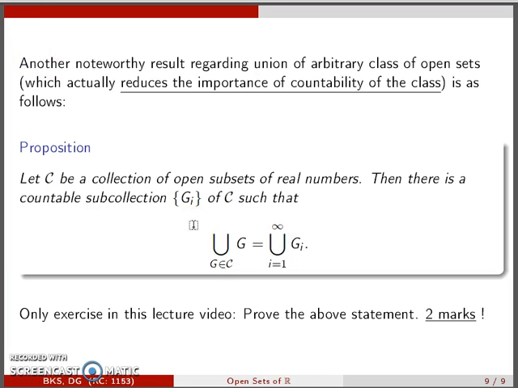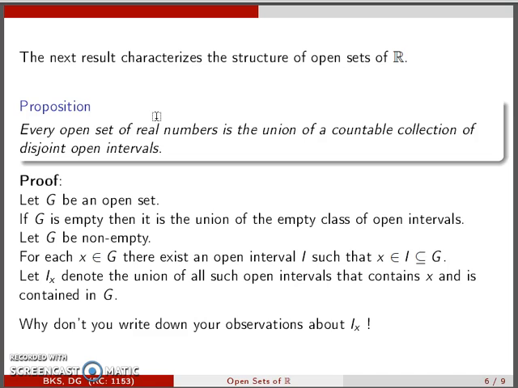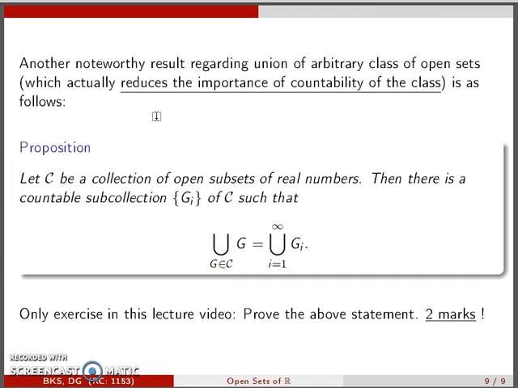But before stopping, let us give some time to compare the propositions. The previous proposition says that every open set is a union of a countable collection of open intervals.